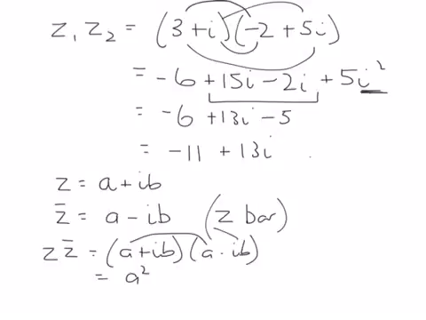The outer two and the inner two will cancel, and then I'm left with plus ib times minus ib, which will equal a squared plus b squared. So if I am multiplying z by its conjugate, z times z bar, I will end up with a squared plus b squared, which is real.